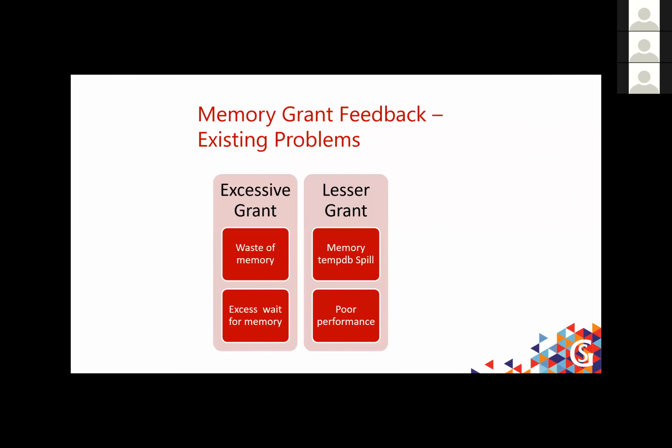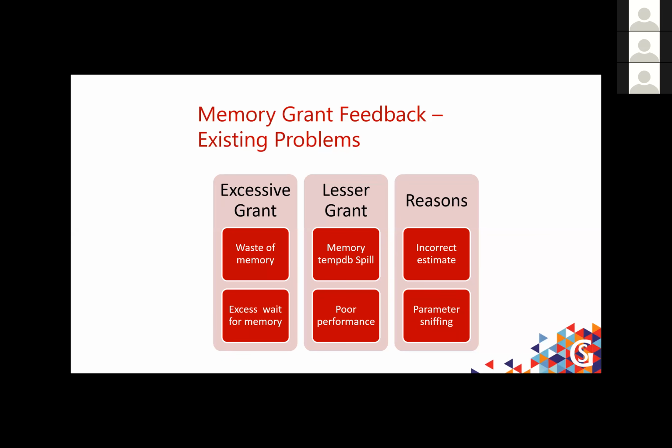Excessive grant also means that the query has to wait for an excessive amount of time till those memory pages are granted to the query, right? It has to wait for something that it's not going to use at all, which is not desirable again. So how does adaptive query processing actually help to address this problem? Let's see now.